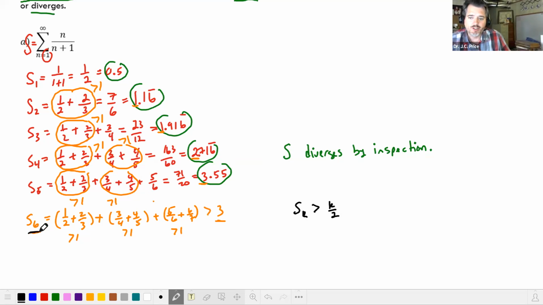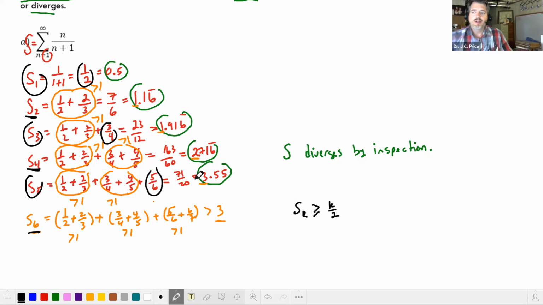Well, this is certainly true because it's 1 plus 1 plus 1. S sub 4 is good. S sub 2 is good. And then let's put greater than or equal to. Because if you do the ones in between here, notice each of the remainder terms here is bigger than or equal to 1/2. And so it's always going to be bigger than whatever this number is right here, divided by 2. So that will always work.